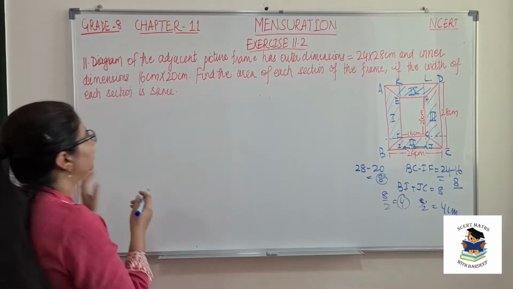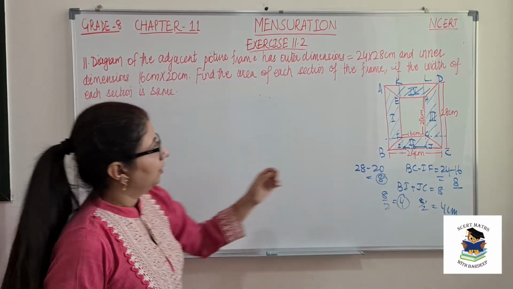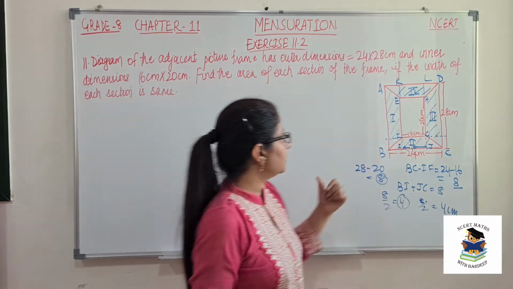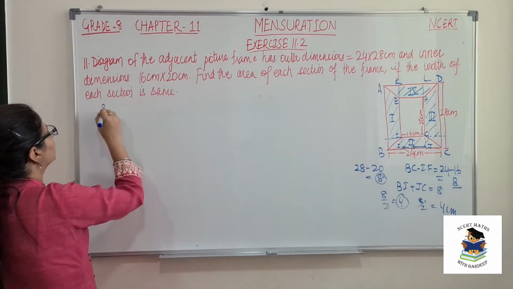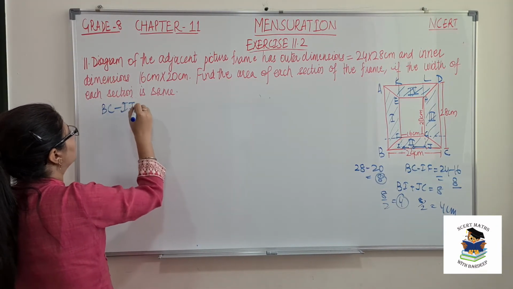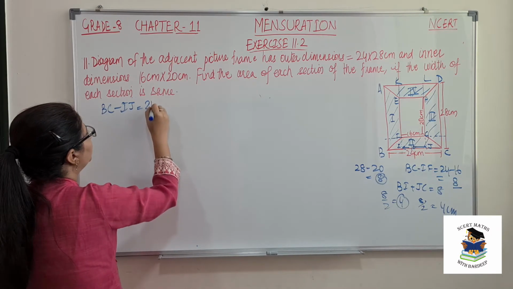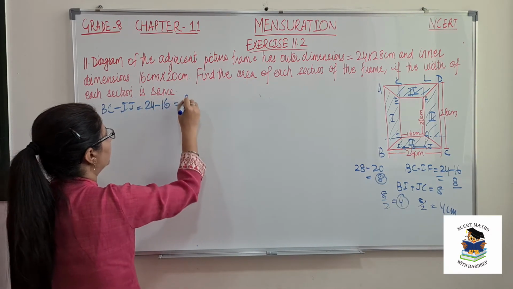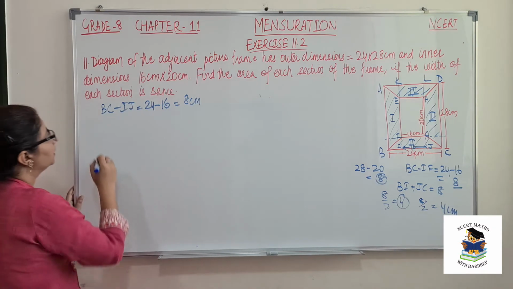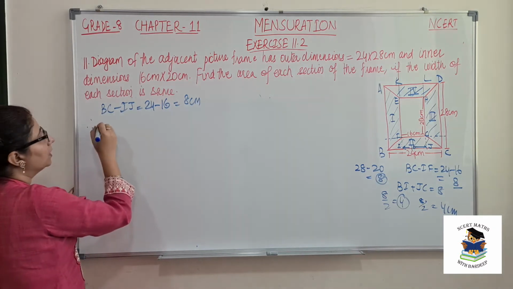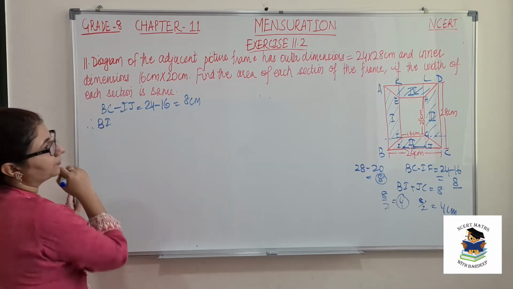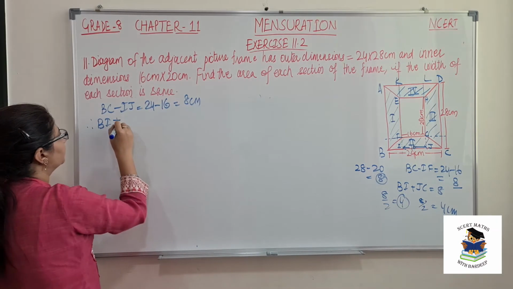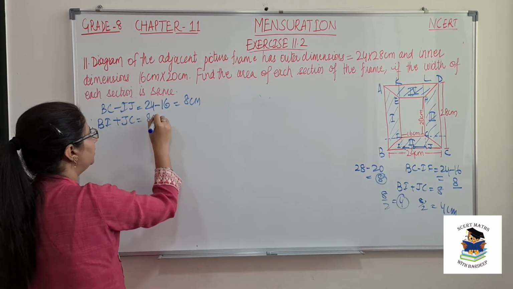So let's write it first. BC minus IJ is equal to 24 minus 16, that is 8 centimeter. Therefore, BI plus JC is 8 centimeter.